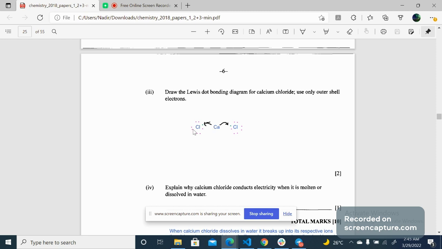But also it wants to complete its octet. Because chlorine already has seven valence electrons, it only needs one to complete its octet and be stable. That's why this is a stable configuration when the compound calcium chloride forms between calcium and chlorine.